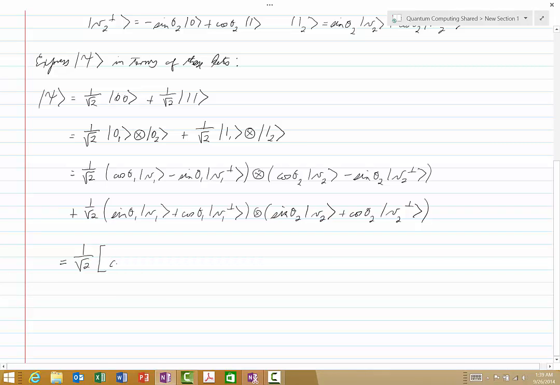And we'll get cosine theta 1, cosine theta 2, V1, V2, minus cosine theta 1, sine theta 2, V1, V2 orthogonal, minus sine theta 1, cosine theta 2, V1 orthogonal, V2, plus sine theta 1, sine theta 2, V1 orthogonal, V2 orthogonal. Those are all the terms we get from here.